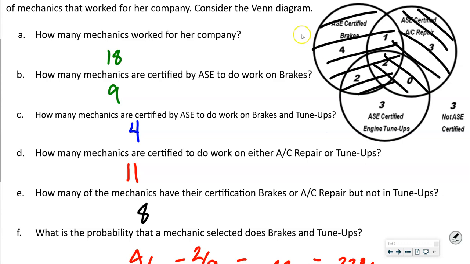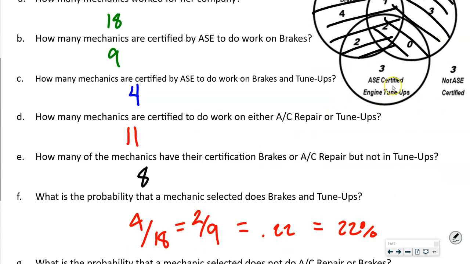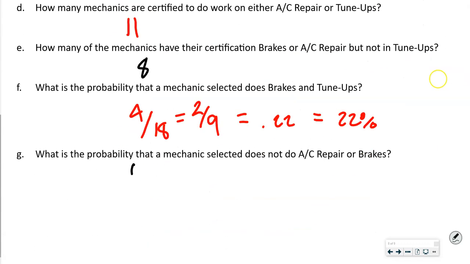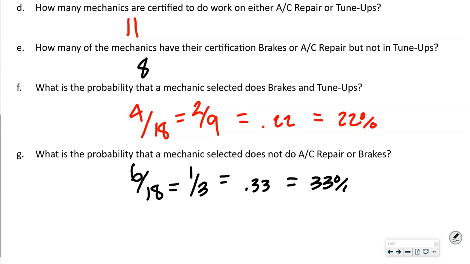So what's the number there? Doesn't do, so we got this total number here, 3 and 3. Y'all see this 3 here and 3 here? So that's going to be 6 over 18, which reduces to be 1/3, which we all know is 0.33, or what? 33%. Okay?